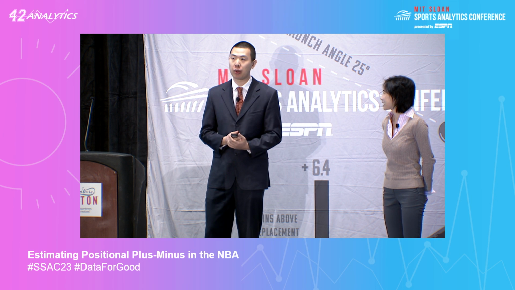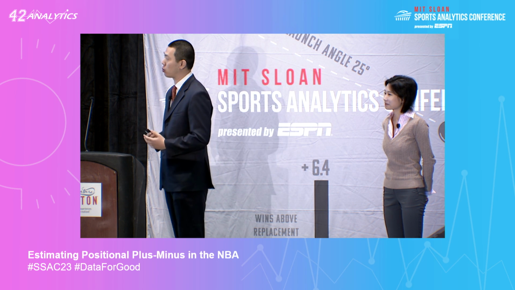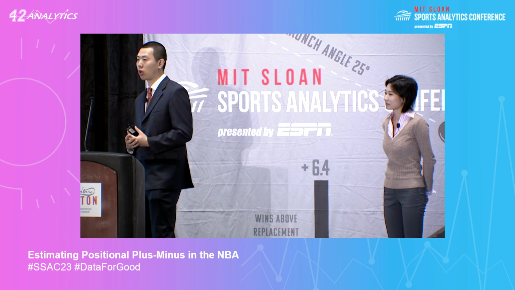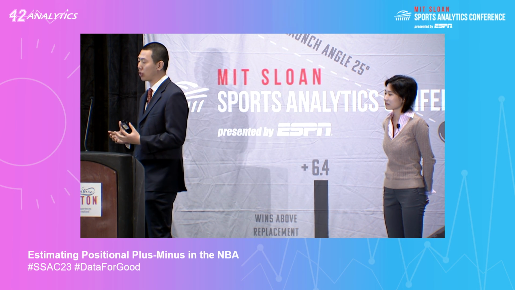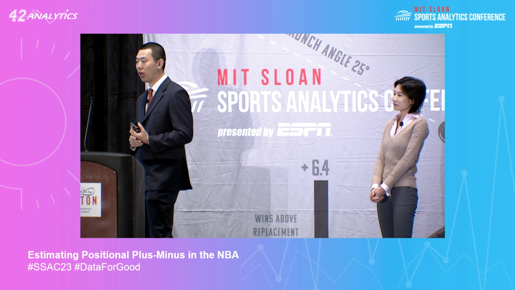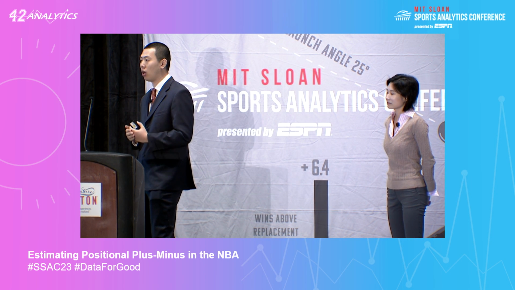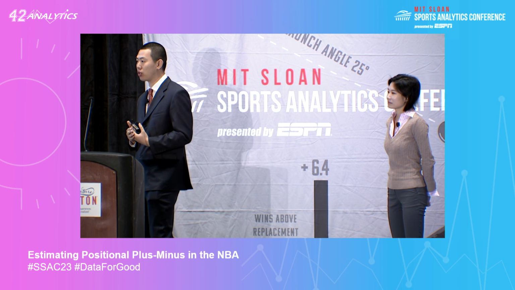I think the next direction, as we mentioned in our presentation, we actually want to see more causal effects. We want to see why the roll and the cut bigs become more efficient on offense over time. So if we could have more data about those players, we can potentially study why those players are becoming more valuable on offense over time.